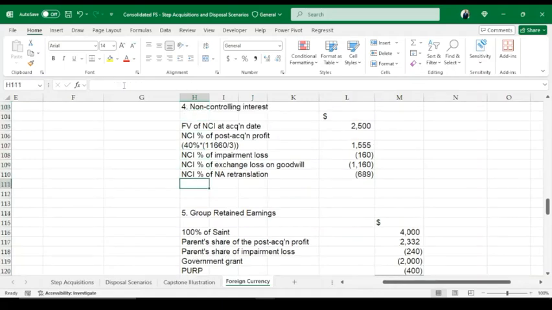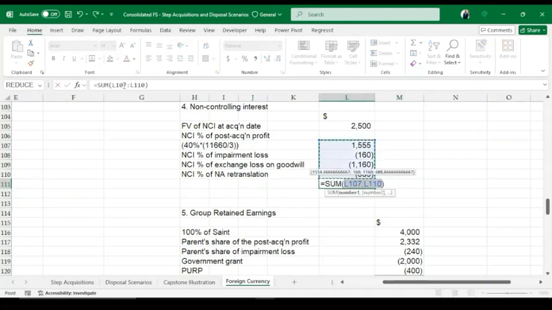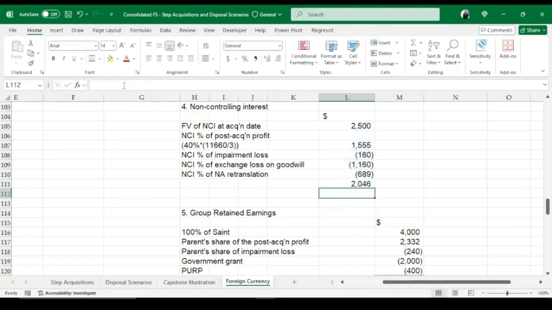All right, so we can now calculate the total NCI value. Using this, I can add those together, and that will give me 2,046. Let me set my border there.